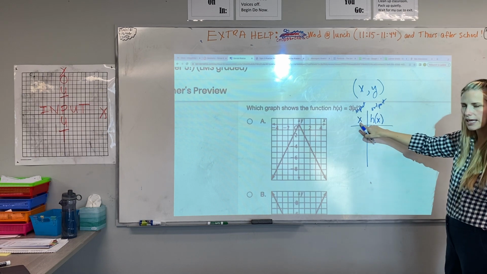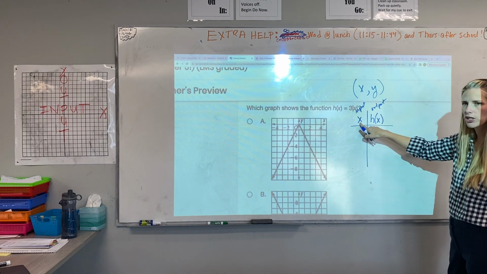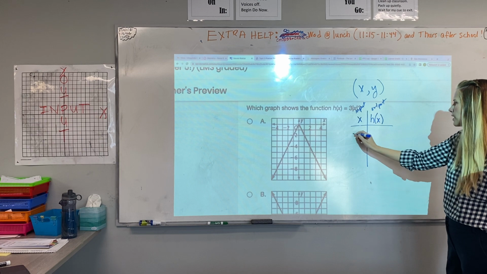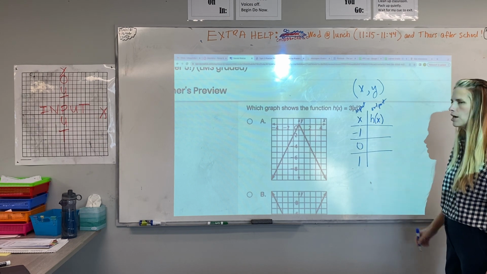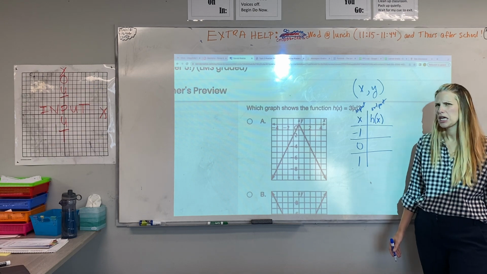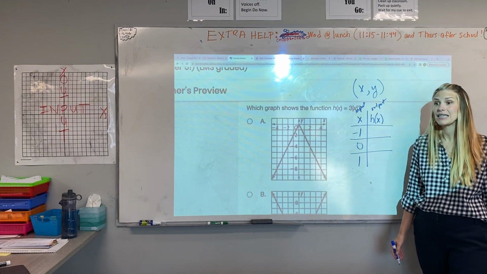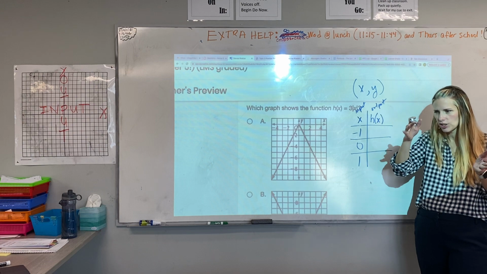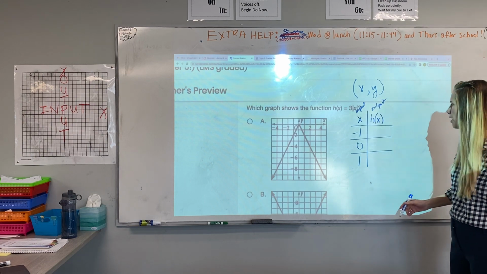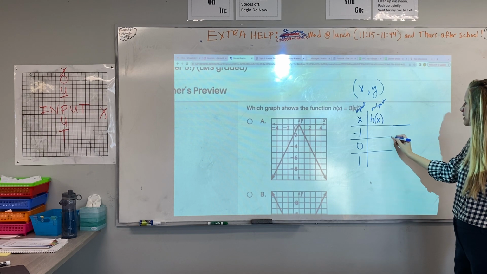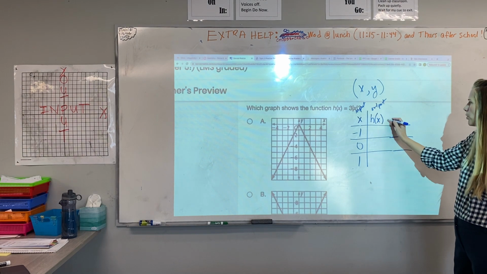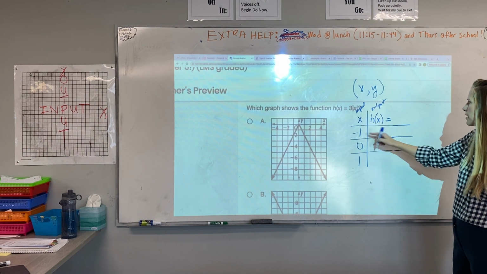We put in a value, any value we want. I highly recommend using -1, 0, and +1. There will be some functions where you're like, that's just forming a line, let me keep going, and then it'll eventually go back up. But for this one, all we need is these 3. Now, I like to write my entire function, because I have to plug in my -1.